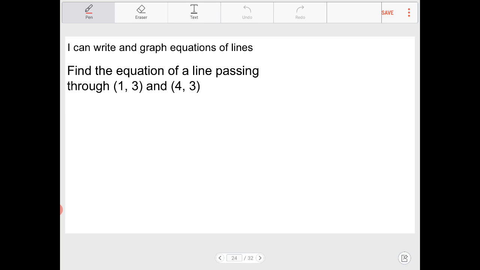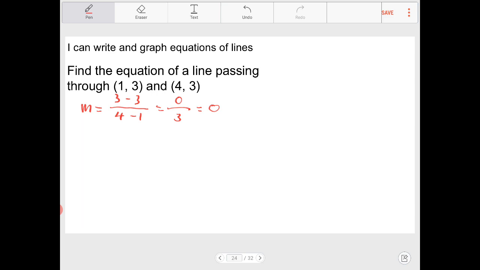Find the equation of a line passing through (1, 3) and (4, 3). And again, we're going to find out what the slope is. So this is going to be 3 minus 3 over 4 minus 1. And this turns into 0 over 3. 0 divided by any number other than 0 is 0. What kind of line will have a slope of 0, you may ask? Well, it's a line that is going to be horizontal.